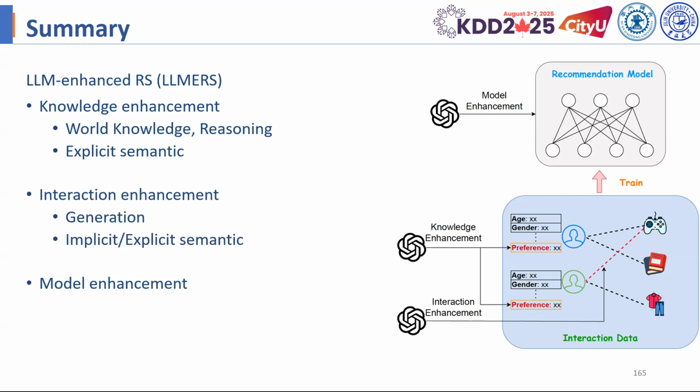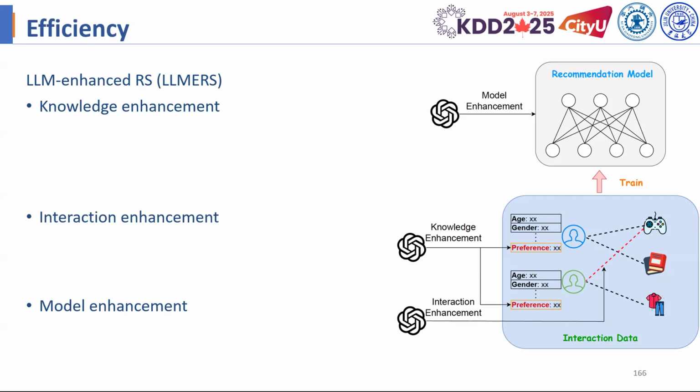The second category, interaction enhancement, relies on the generation ability of LLMs, where LLMs augment the training data with rather implicit or explicit semantics. And the model enhancement uses the strong representation ability of LLMs to enhance recommendation models with implicit semantics.